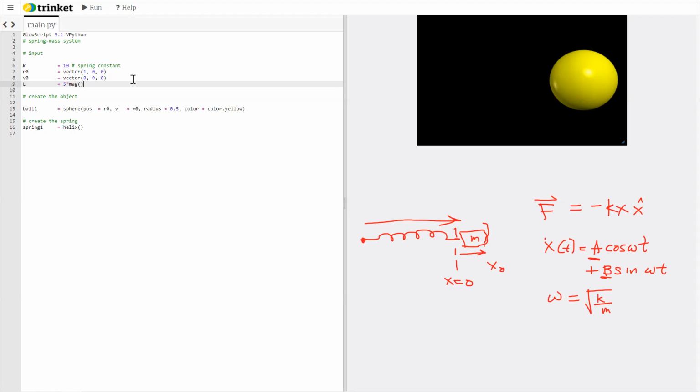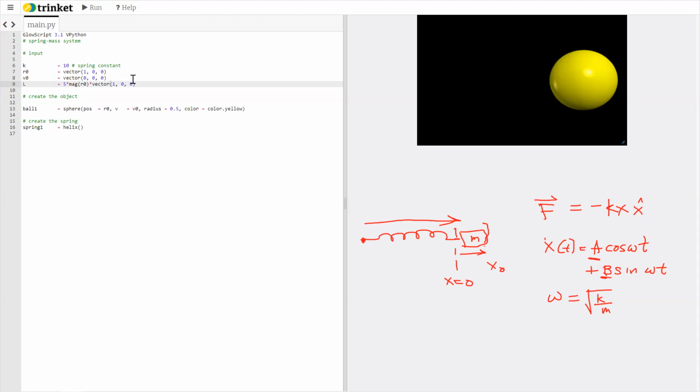So magnitude of R naught times the unit vector. The unit vector should be in the direction of x, 1, 0, 0. Okay.